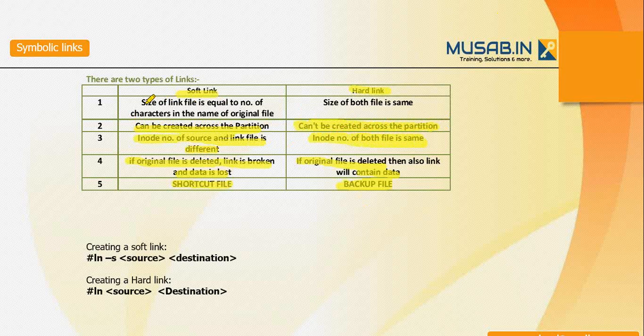As far as sizes of these files are concerned, the size of a soft link file is equal to the number of characters in the name of the original file. I'll show you this practically.